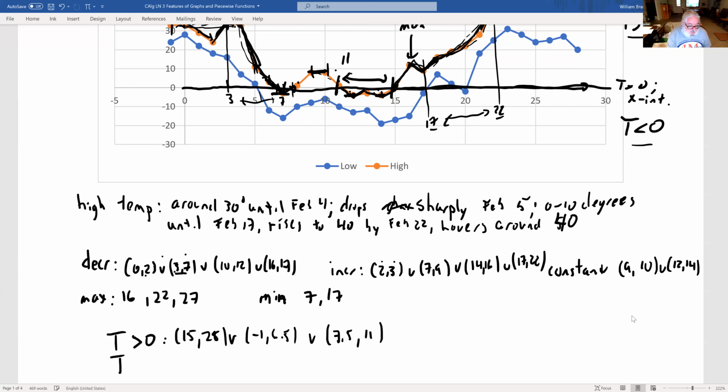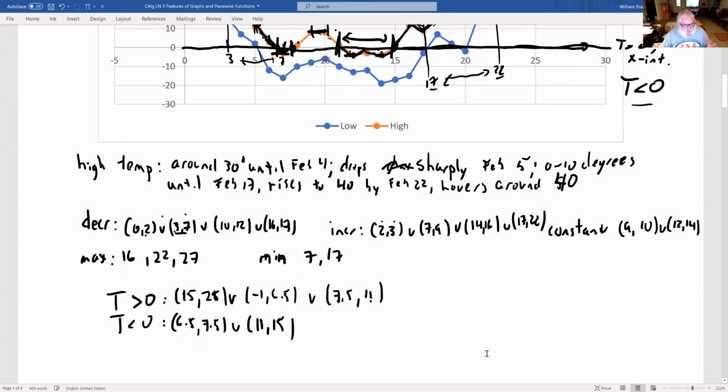In between those times, it had to have been negative, right? So from 6.5 to 7.5, temperature was below 0. And then from 11 up to 15, that's here to here, the temperature was also negative.